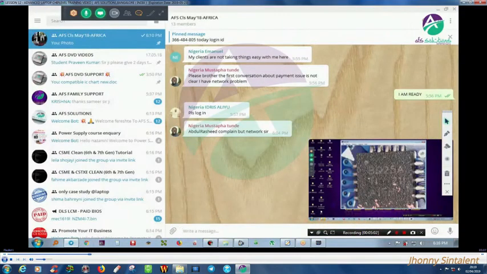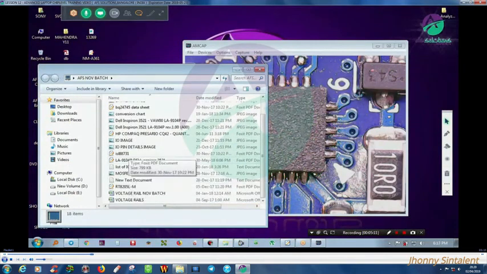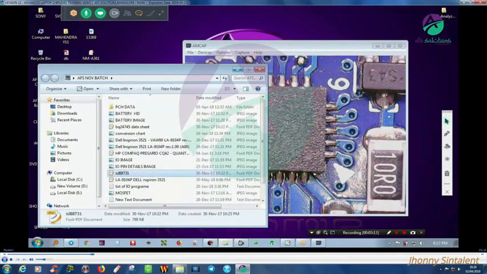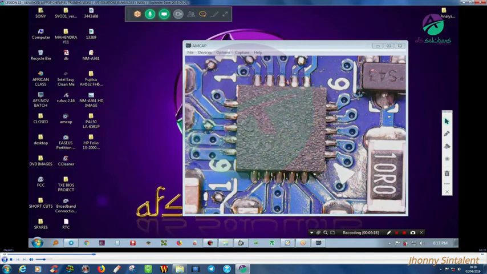BQ25A, BQ25, yes, BQ25A. Just now I downloaded it.